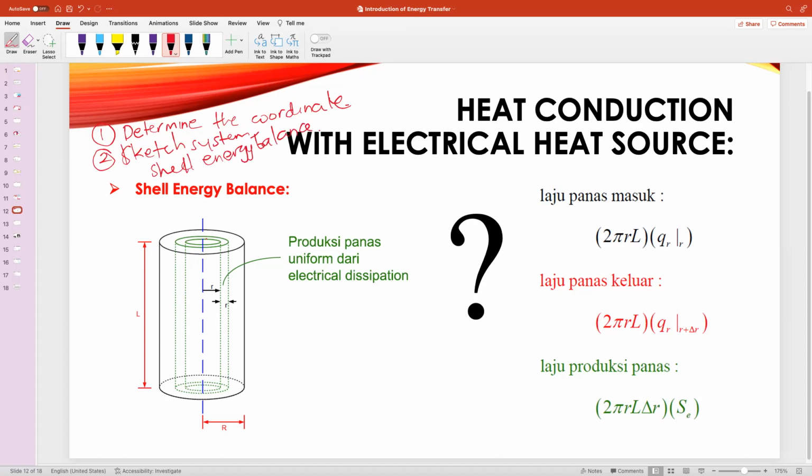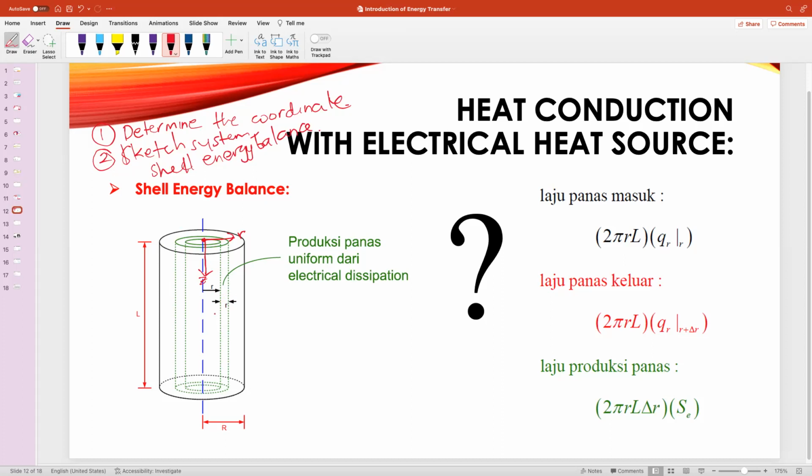Maybe we can start from here. This is the coordinate, this is the R, and this is the Z. After that we know a shell balance, similar to the circular pipe that you learned before.